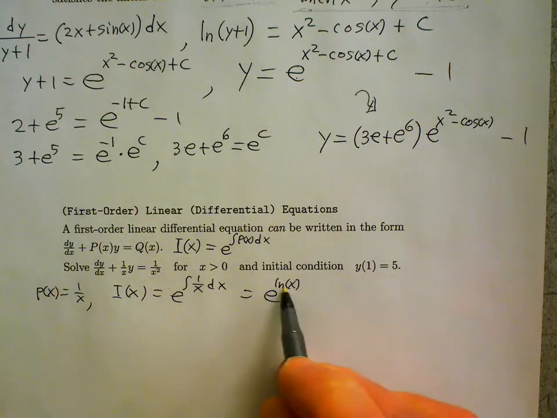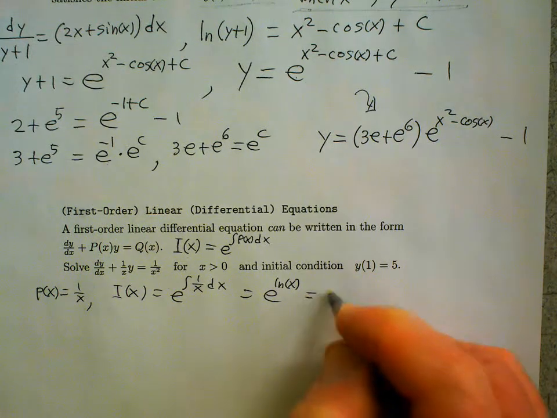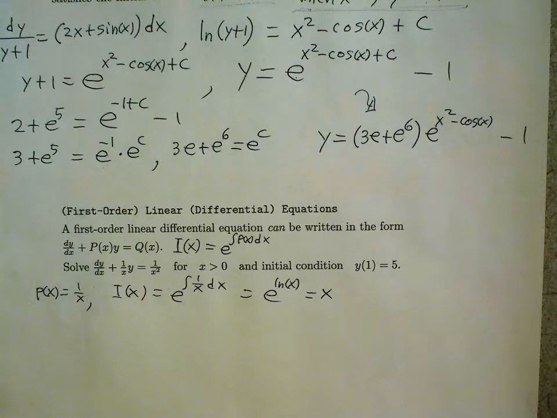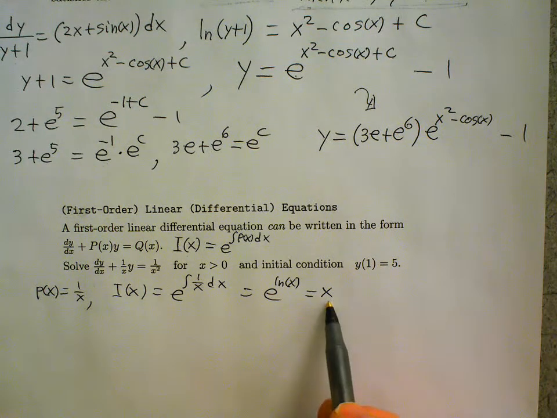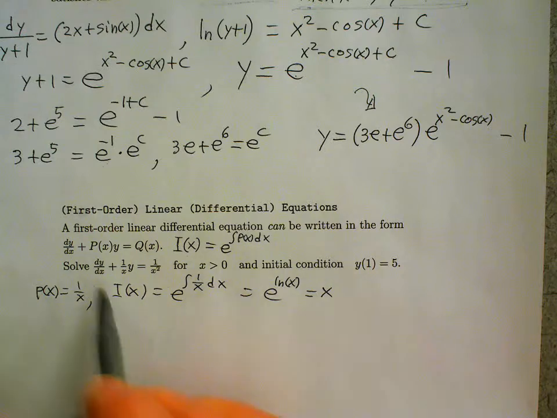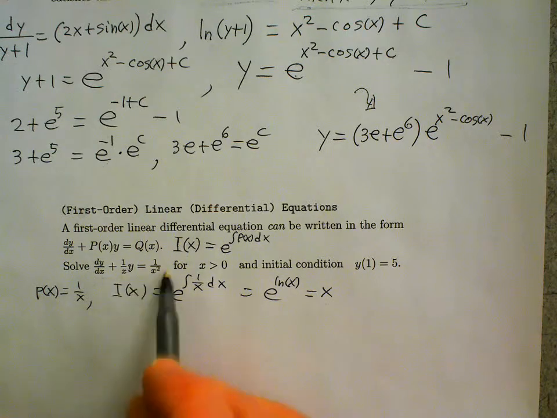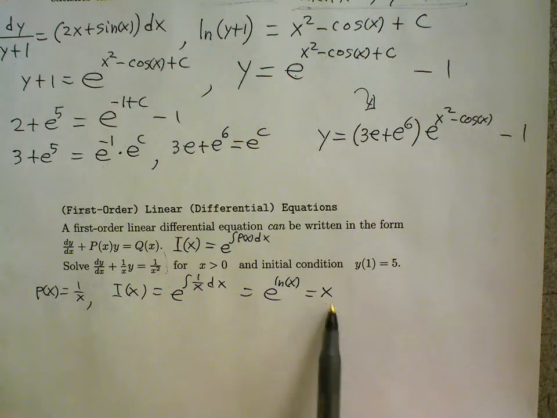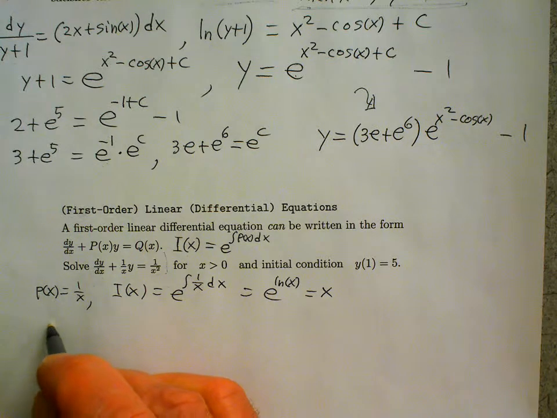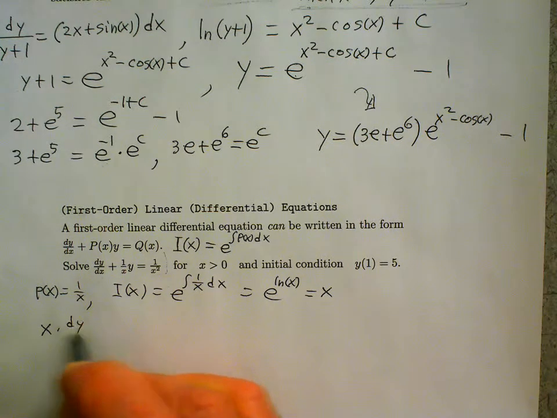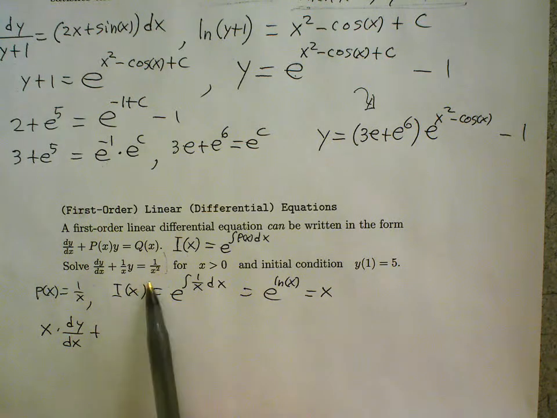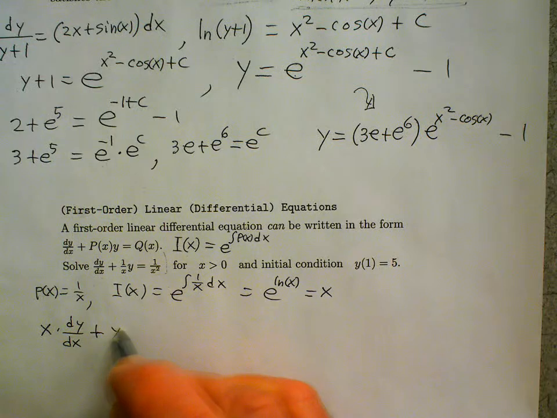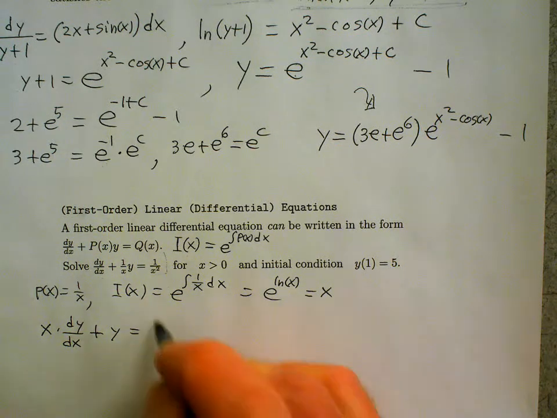And e to the natural log of x is just x. Then we multiply both sides of the original equation by x. So we get x times dy/dx. And then x times 1 over x times y simplifies to y. And on the right-hand side, x times 1 over x squared is 1 over x.